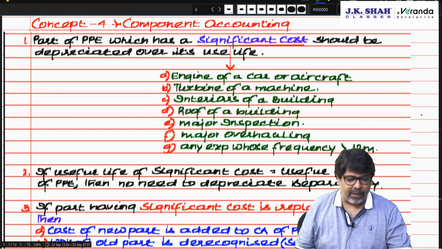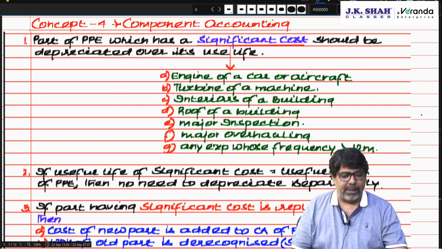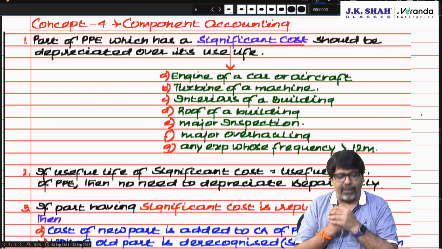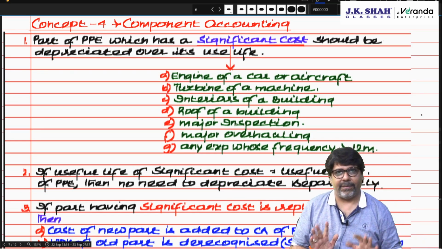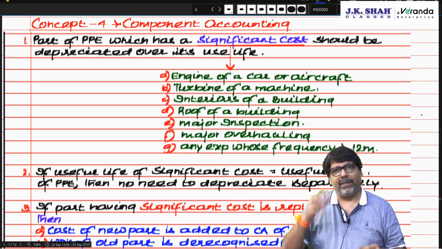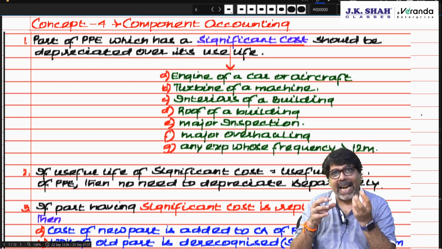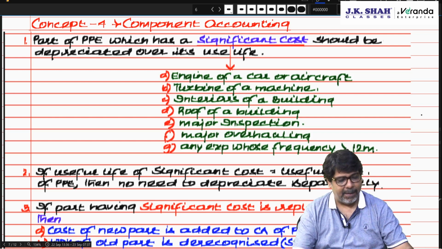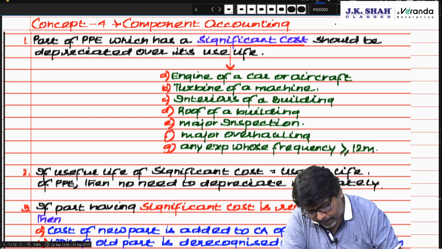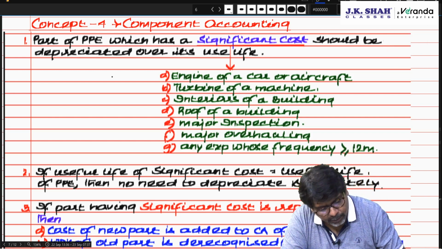Now chartered, component accounting: any component which has a significant cost should be depreciated over its useful life. That means laptop and RAM should be depreciated separately. You can show them together. Suppose a car is total 1 lakh.